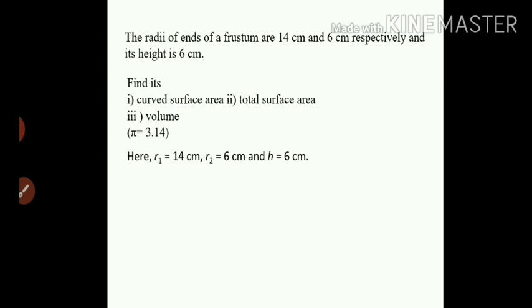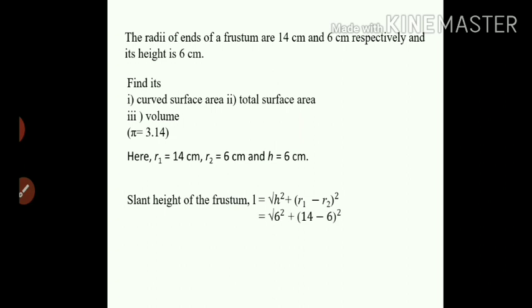Now first we have to find the slant height of the frustum. So I will use the formula for that. That is, slant height of the frustum L is equal to under root h square plus, in bracket, R1 minus R2 the whole square. Now radius 1, radius 2 and height are given.